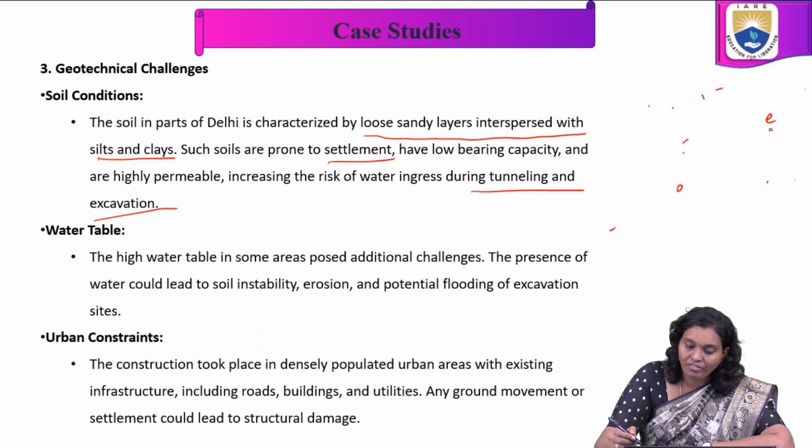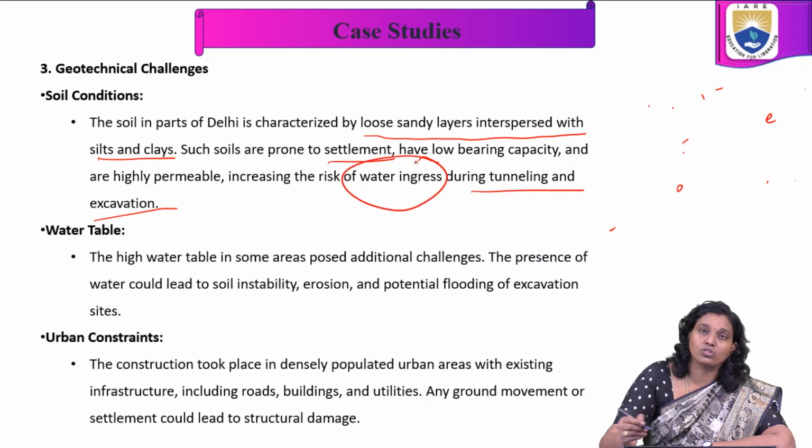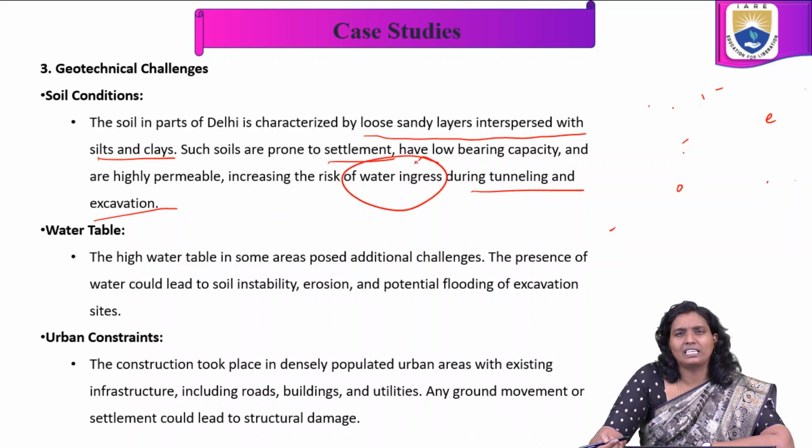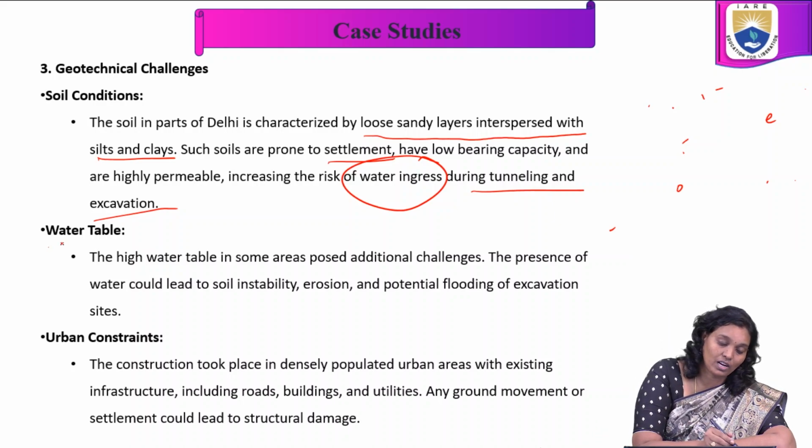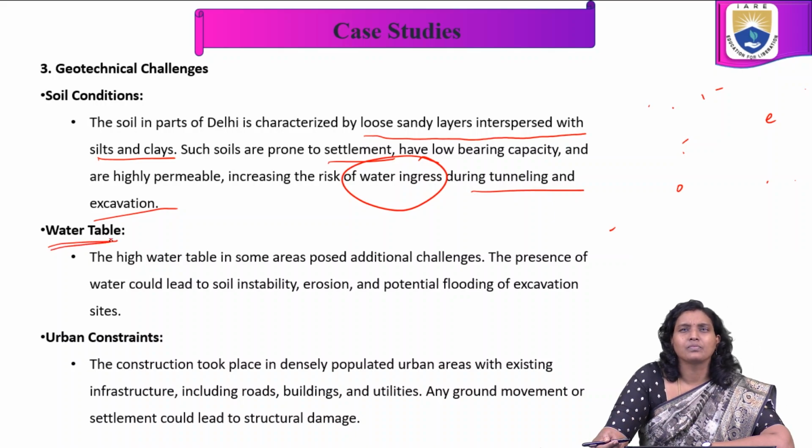So at the time of tunneling and excavation for the required foundations and the remaining elements which we are going to construct, we face this water ingress because of the silty and clayey soils, and also how deep the water table is.